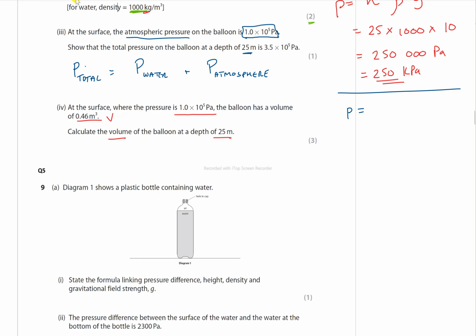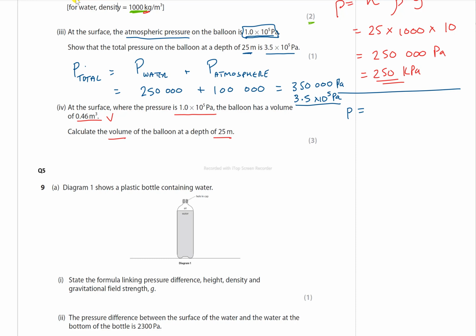So we were given 250,000 pascals plus, right, this will be 1 and 5 zeros, 100,000 pascals, so that answer is 350,000 pascals, or does it say standard form? No, they want you to write it like that, so you can write it as 3.5 times 10 to the 5 pascals.